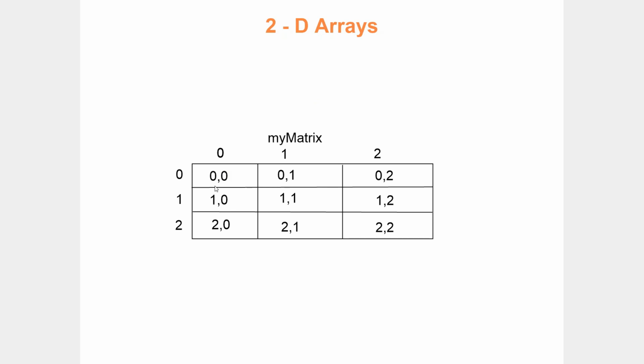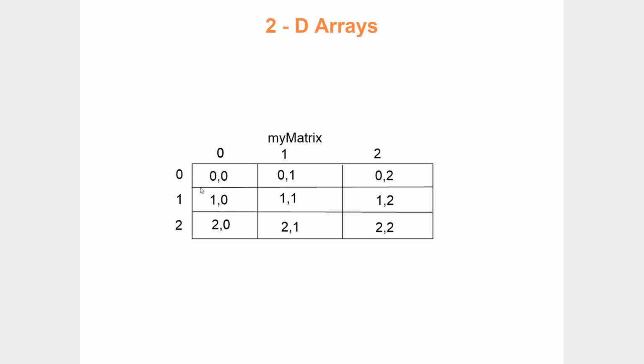Simple. When you talk about this first cell, it is located at the first row and first column. What is the position of the first row? 0. In the first row, this is the first column. So the first row is available at 0th position and the first column is also available at 0th position. So the address of this cell is going to be 0, 0.